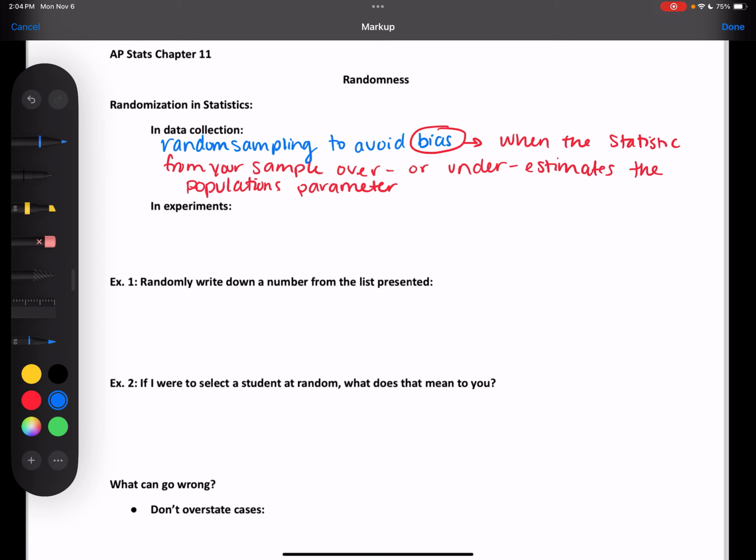In an experiment, we use random assignment of subjects to treatments.